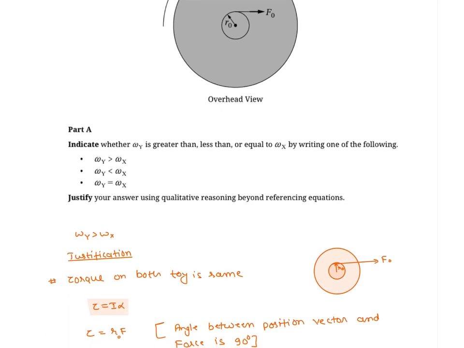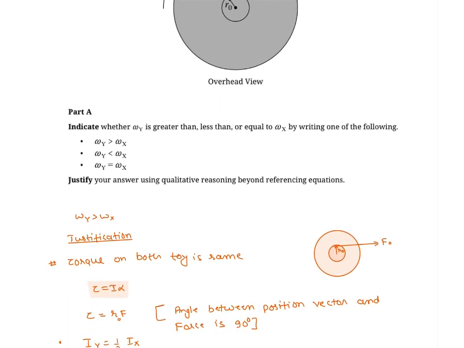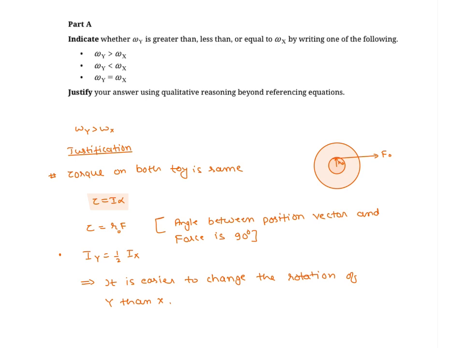So let's see part A. See, the same force F naught is applied in both the toys at a distance R naught from the axis. So it implies torque, which is equal to perpendicular distance into force, will be the same for both the toys.